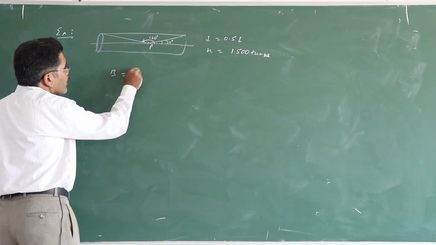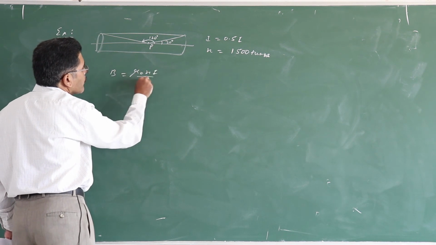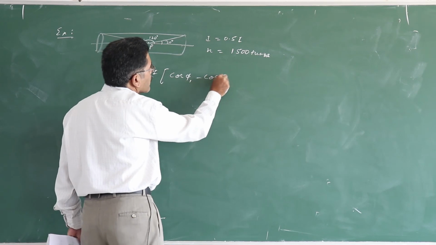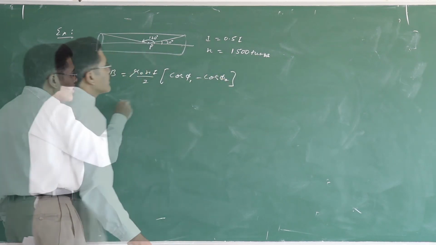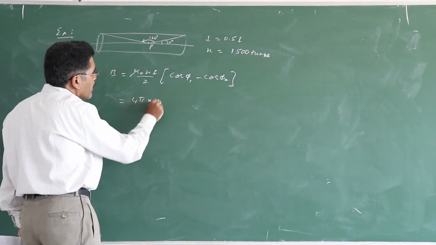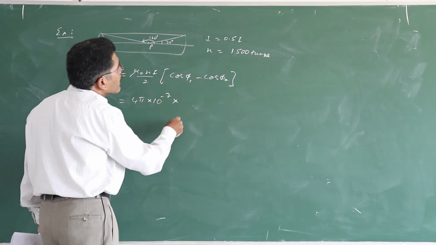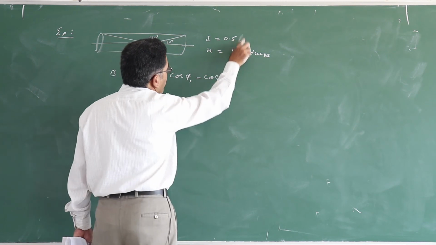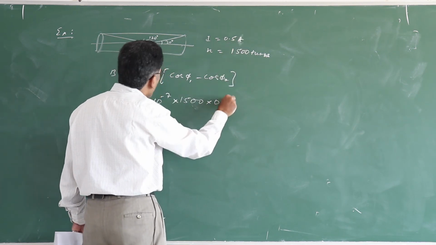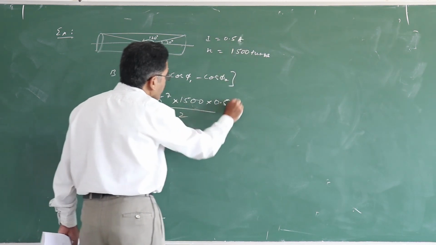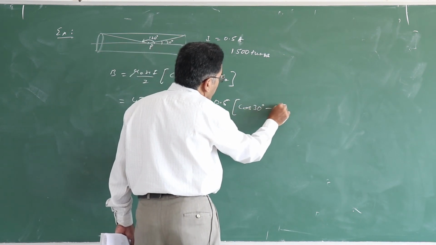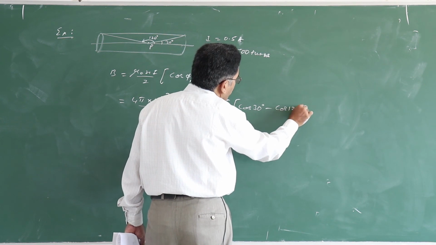B is equal to mu naught nI by 2 into (cos phi 1 minus cos phi 2). So how much? 4 pi into 10 raised to minus 7. n is 1500. What is I? I is 0.5 ampere. Divided by 2, into (cos 30 degrees minus cos 120 degrees).